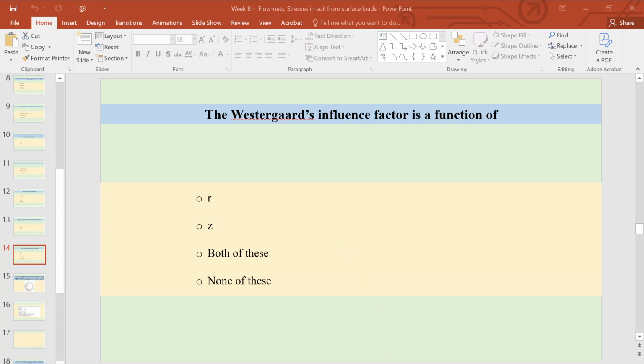The Westergaard's influence factor is a function of: first option R, that is the radial distance from the axis of loading. Second option Z, that is the depth. Third option both of these, and last option none of these.